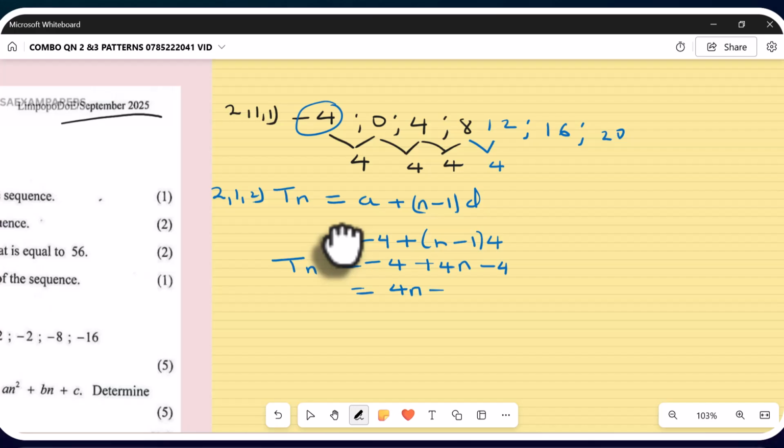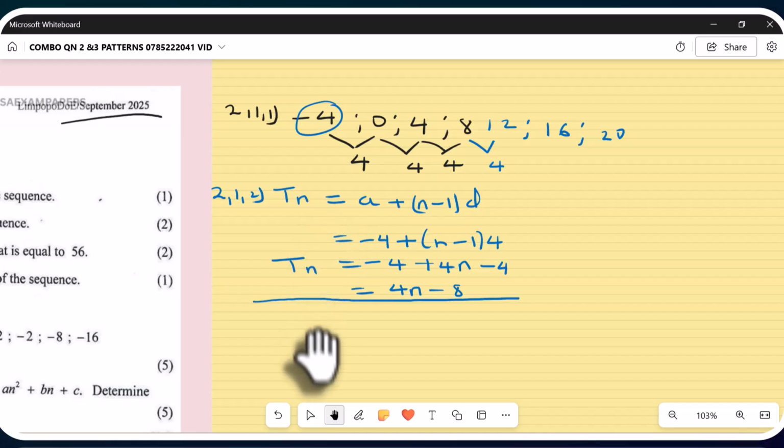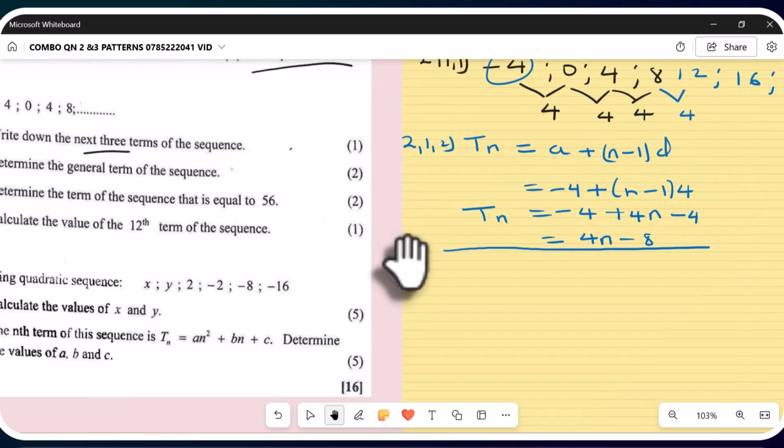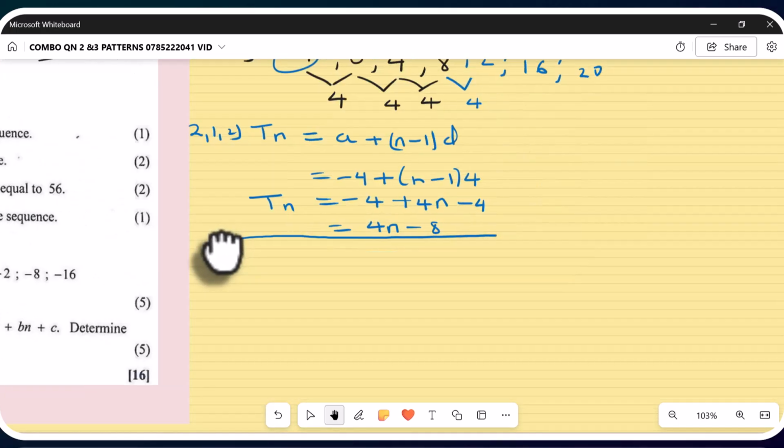Then next, also from Limpopo, what are they saying here? Given the following quadratic sequence, calculate the value of x and y. So what do we know about quadratic?